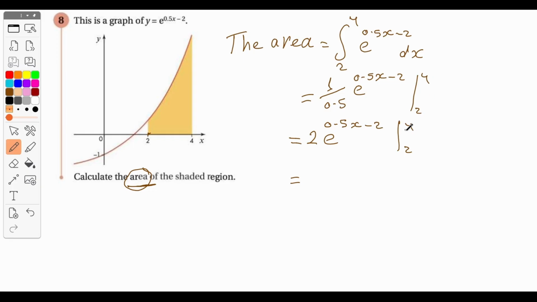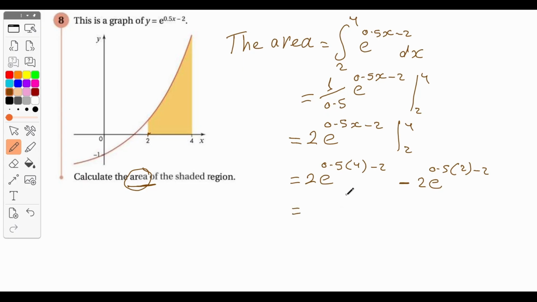Now we need to plug in 4 for x, minus, then plug in 2. So it will be 2 e to the power of 0.5 times 4 minus 2, minus 2 e to the power of 0.5 times 2 minus 2.